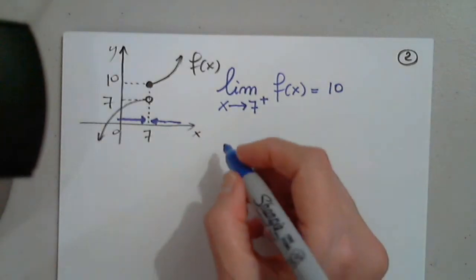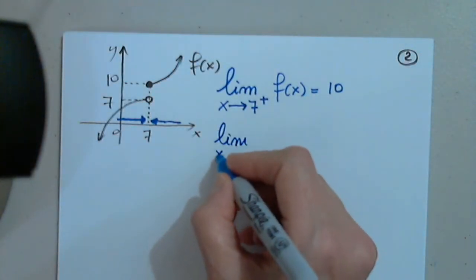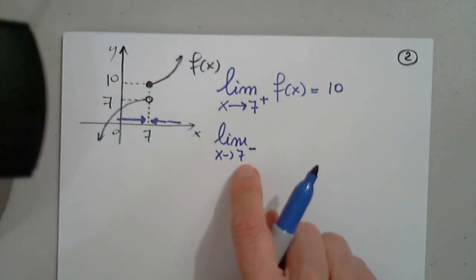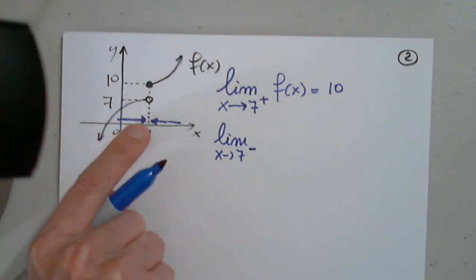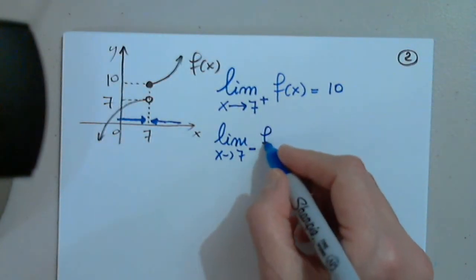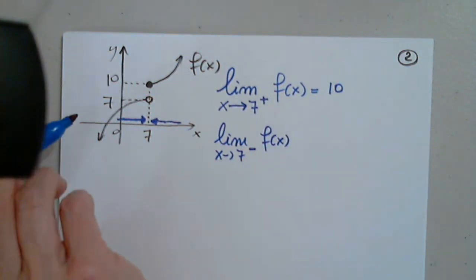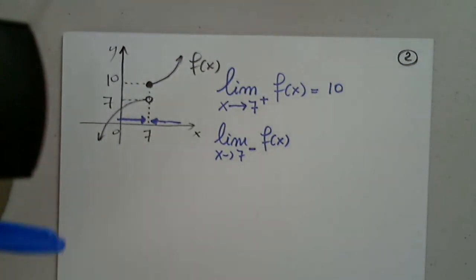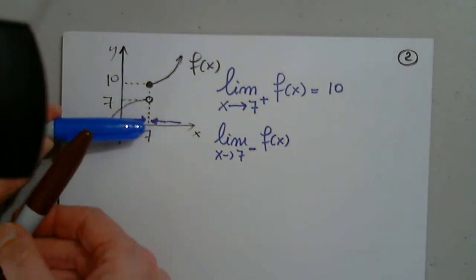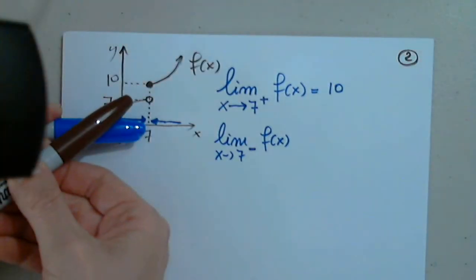Okay, let's look at the other side. Limit as x approaches 7 from the left. This is how we signify with smaller values than 7, with a power that is a minus of f of x. Let's take a look. As x approaches 7 from this side, what do the function values do?